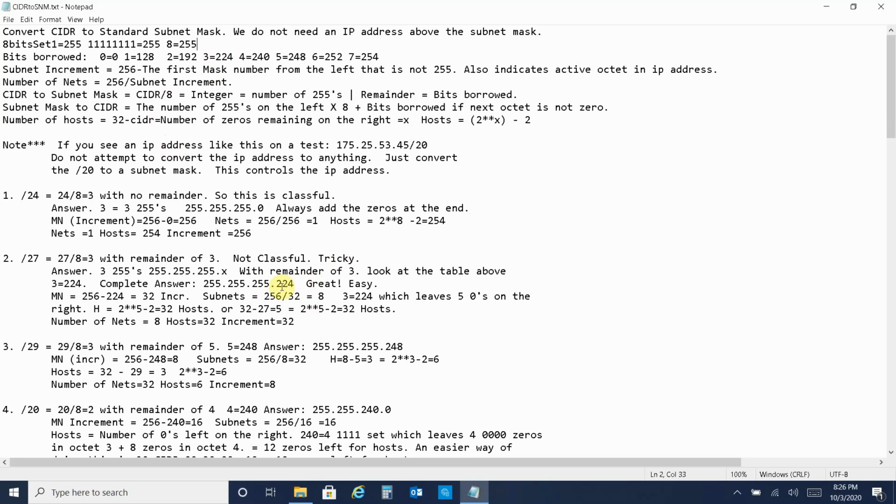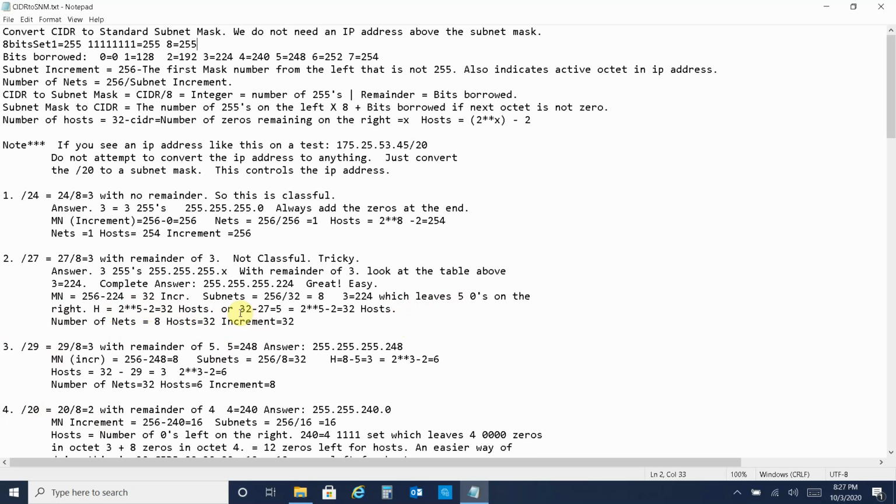So 8 minus 3 is 5, which gives us 5 zeros. Okay? And that's what this says here, at least 5 zeros on the right. So to find the number of hosts, you take 2 and raise it to the exponent of 5. So it'll be 2 to the 5th minus 2 equals 30 hosts.